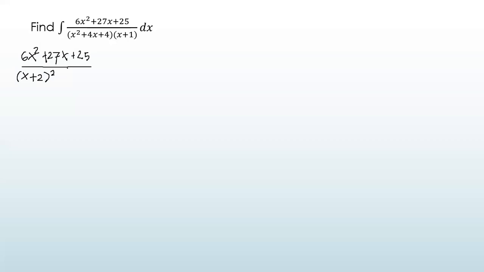This method we call factorization. So the factorization of x squared plus 4x plus 4 is x plus 2 squared, times x plus 1.